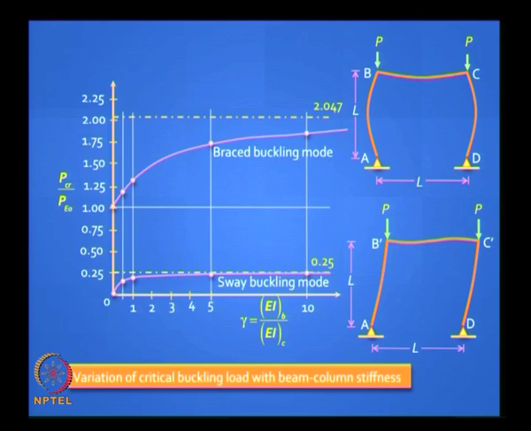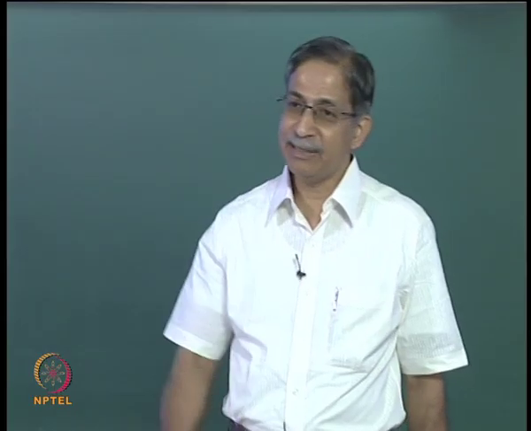The upper bound is 2.047 pi squared EI by L squared when the frame is braced, and it is only 0.25 when unbraced. Why is it only 0.25? We have seen how that upper bound works out. So that is dramatic. Deciding whether a building is braced or unbraced has massive significance in determining the critical buckling load.